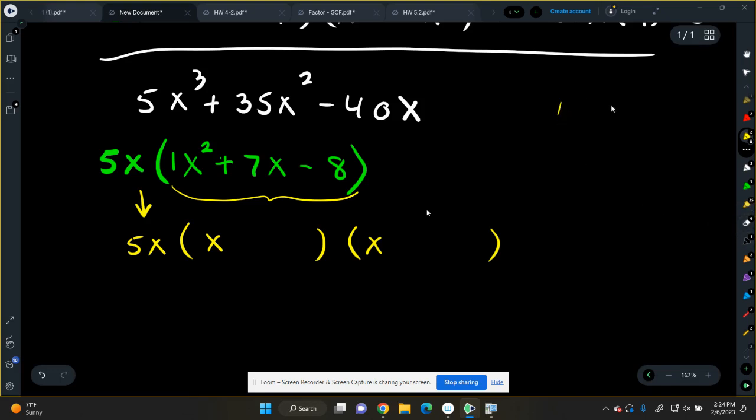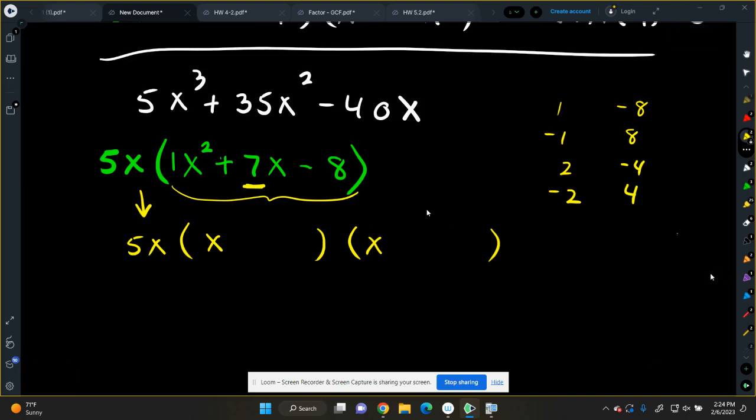So we're looking at 1 and -8, or -1 and +8, 2 and -4, or -2 and +4. Which combination adds to +8? Which ones add up to +8?